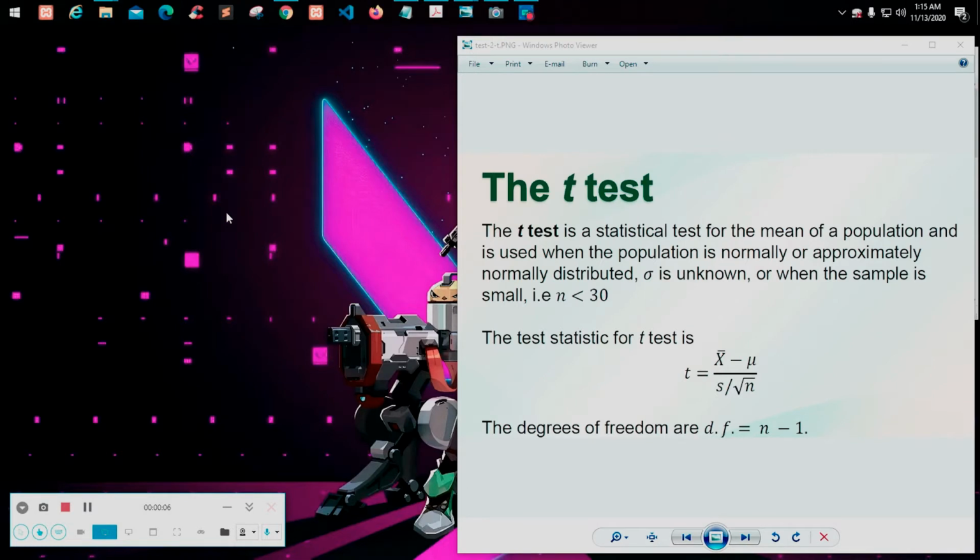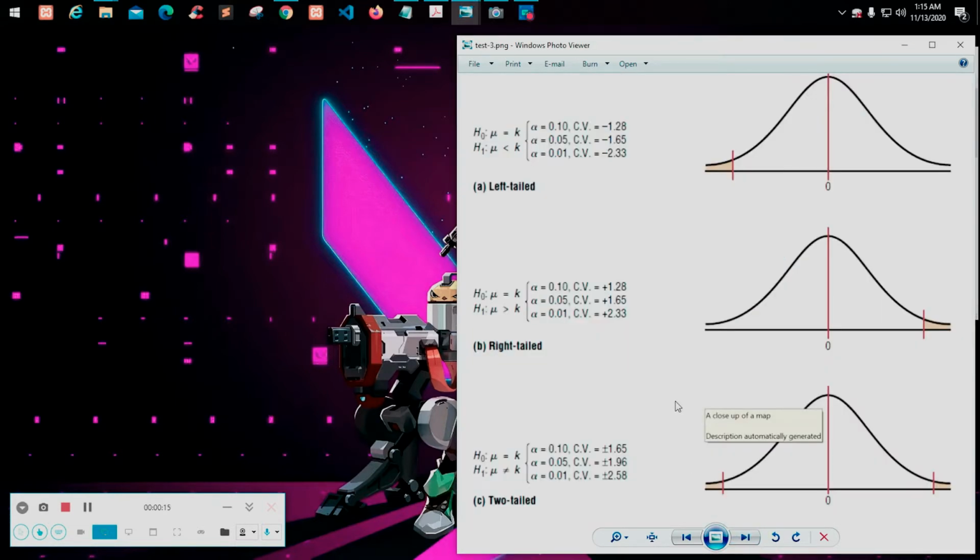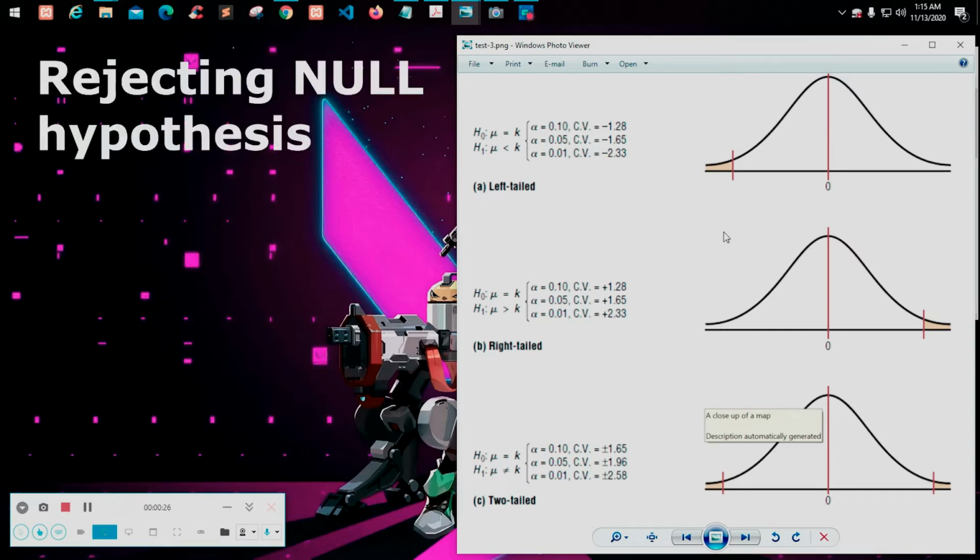So, z-test and t-test can be right-tailed, left-tailed, or two-tailed. So, what are those? When we obtain the values for z-test or t-test, it depends on how the hypothesis is formulated.